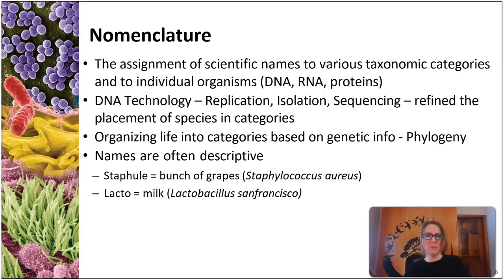So it's once that we developed the techniques in order to better study molecular biology that we were better able to name and organize life on the planet. So before, we really relied on external features and maybe reproductive characteristics and cellular features if we had the advancement of the microscope.